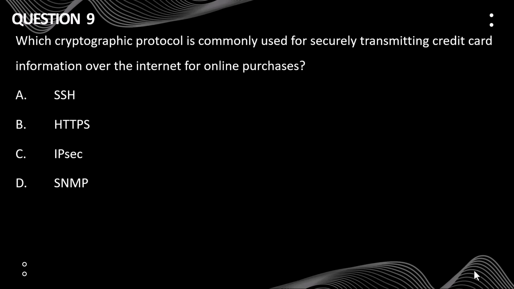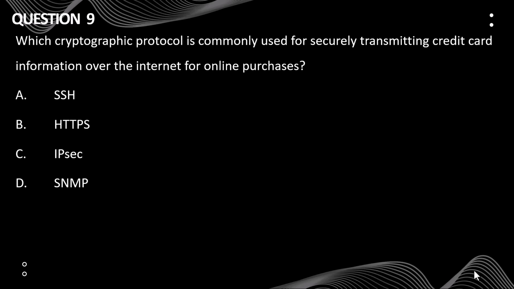Question 9. Which cryptographic protocol is commonly used for securely transmitting credit card information over the internet for online purchases? Option A, SSH, B, HTTPS, C, IPsec, D, SNMP. Now I'll explain each of the options and then we'll choose the correct answer.